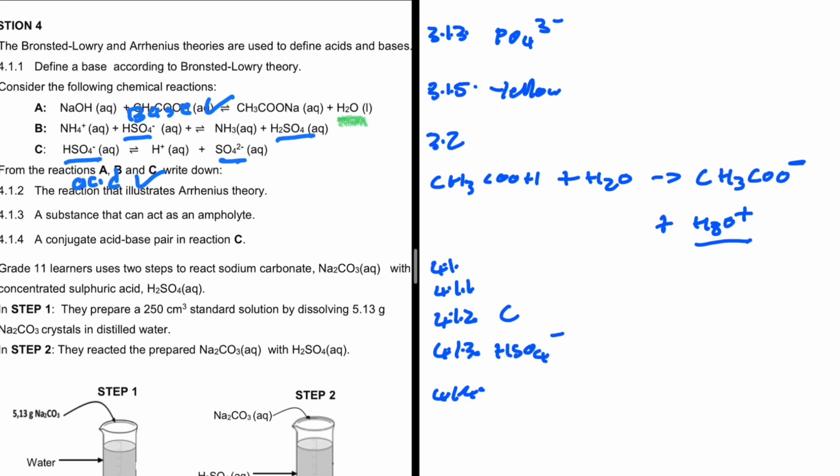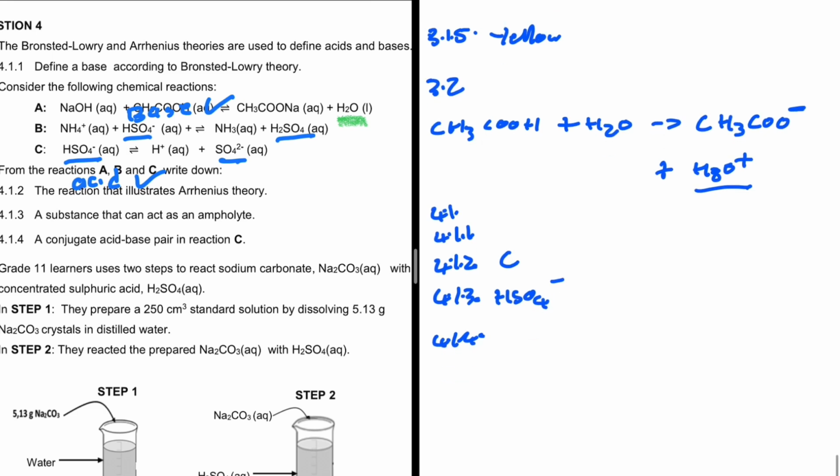Okay, so reaction C, HSO4 minus, it's our acid. It donates a proton to become SO4 2 minus. And then we know that a conjugate base is what's left after an acid donates a proton.